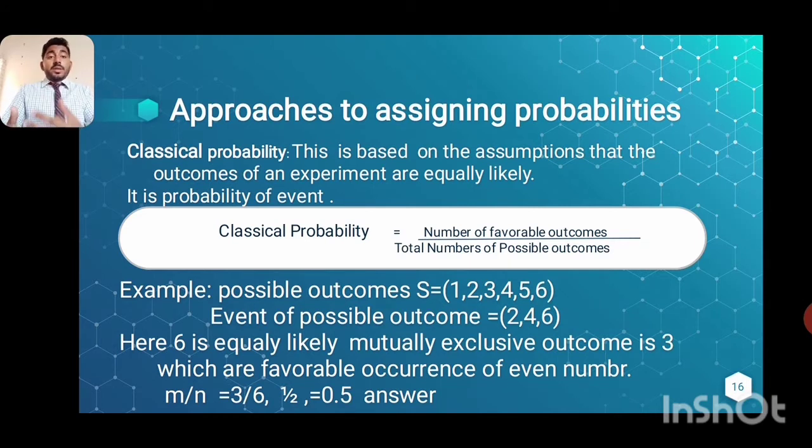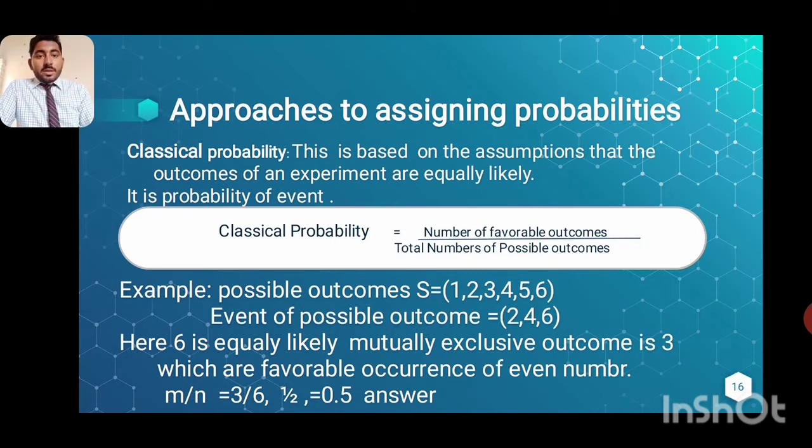The classical probability formula is the number of favorable outcomes divided by the total number of possible outcomes. Example: the possible outcomes are 1, 2, 3, 4, 5, 6. The event of an even number has outcomes 2, 4, 6. As these are equally likely and mutually exclusive, the 3 outcomes are favorable to the occurrence of an even number.